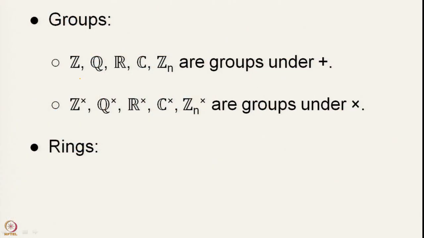So, we have seen the definition of group in the last lecture, perhaps in a hurried manner, but we are not going to be able to spend more time on these things. A ring is something which is equipped with two binary operations, and traditionally one of them is denoted by plus and the other is denoted by product.